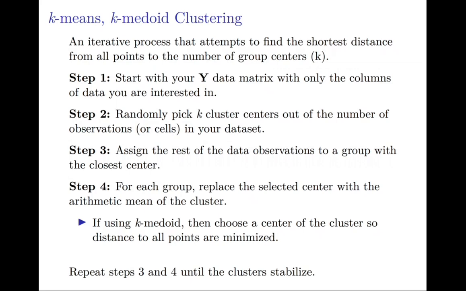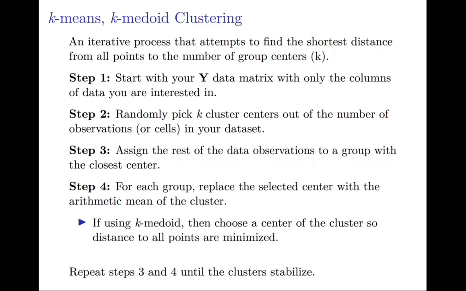Then you assign the rest of your data observations to the group that's closest to that center. Once you've done that for all of your observations for each group, you replace the selected center that you randomly picked with the arithmetic mean of that cluster. That's for k-means.